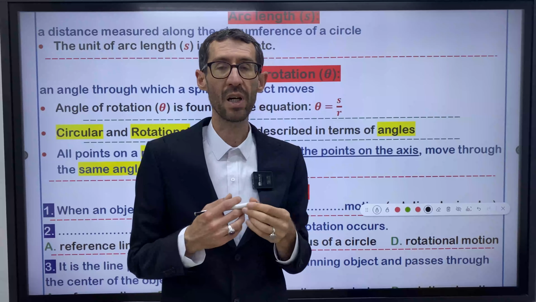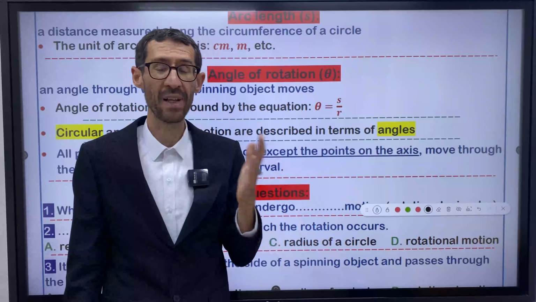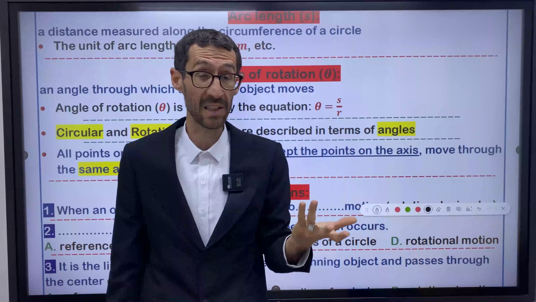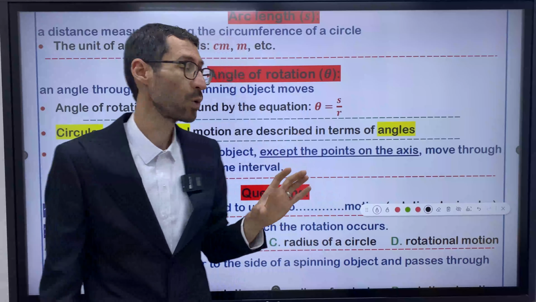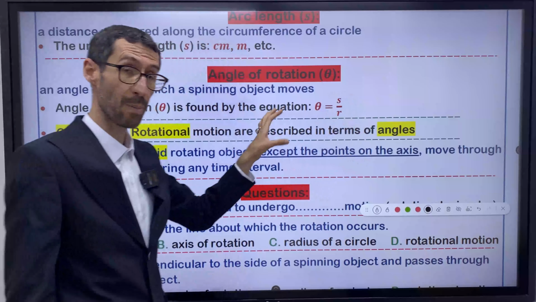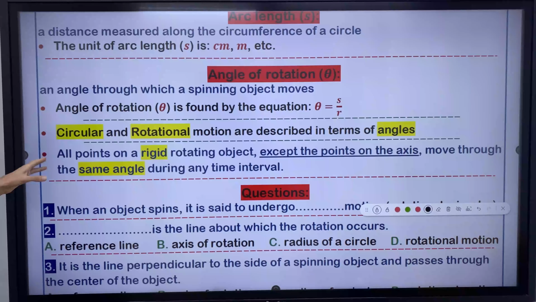Whenever you want to describe angular motion, whether it is circular or rotational, it doesn't matter. You have to focus on angles, right? You describe circular motion and rotational motion by means of angles.